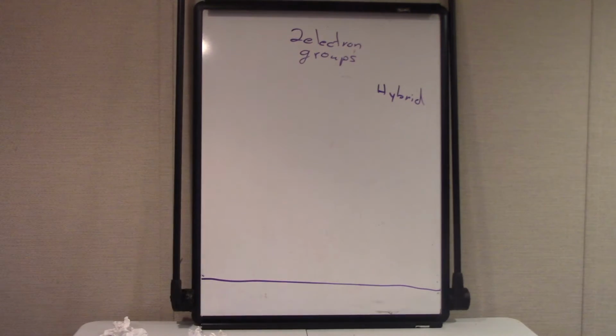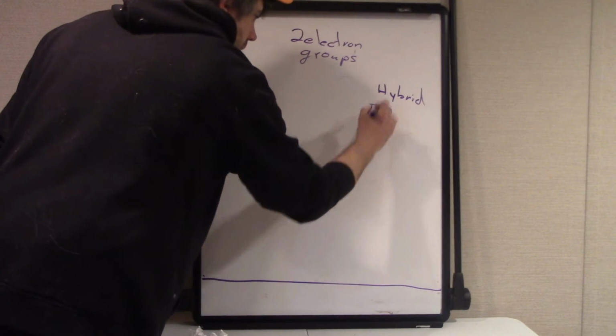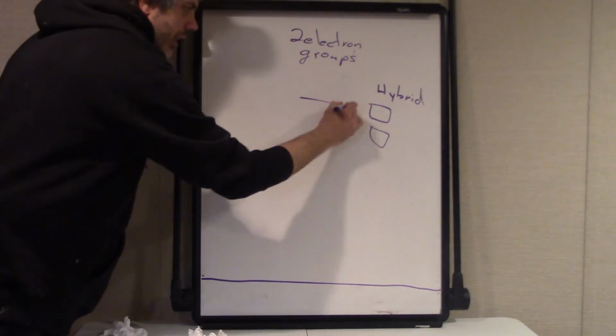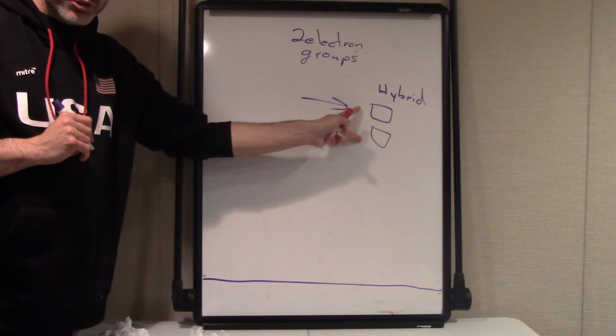Two electron groups means I need two hybrid orbitals. How am I going to create those hybrid orbitals? Two electron groups means two hybrid orbitals.